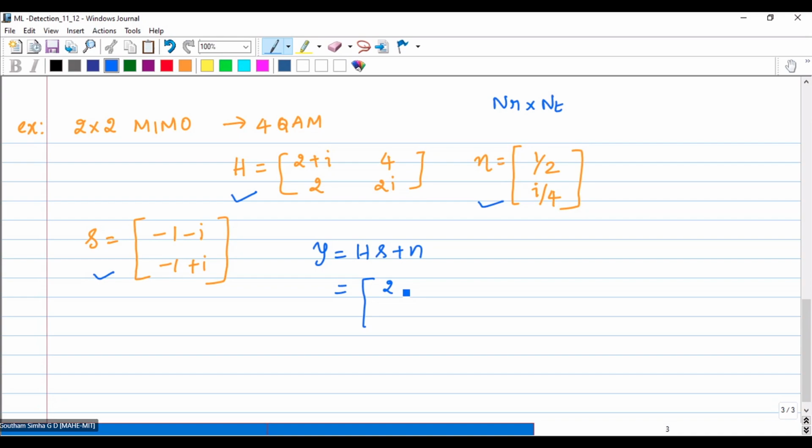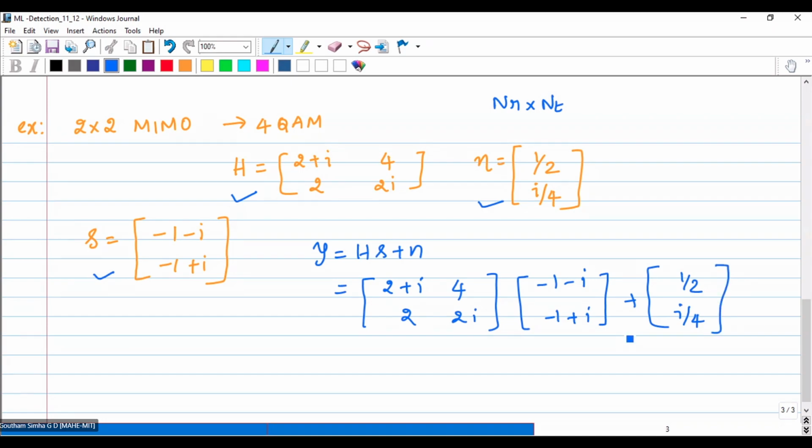Now, if I write Y is equal to HS plus N, H is this: 2 plus I, 4, 2, 2I into S. S is the vector that is radiated, minus 1 minus I, minus 1 plus I, plus the noise component, that is 1 by 2 here, I by 4 here. Now what do I get?